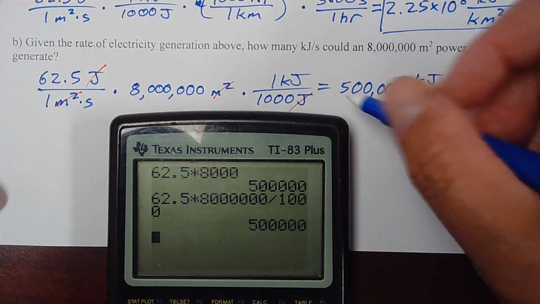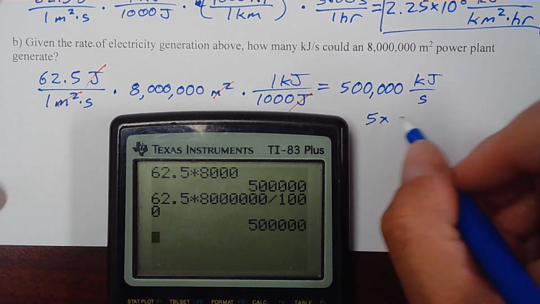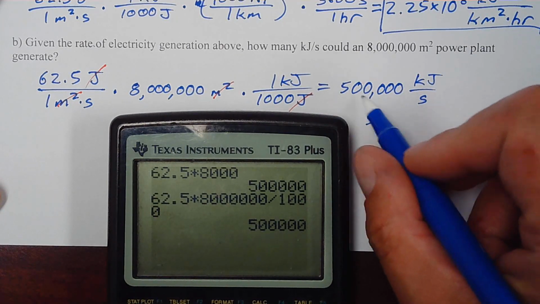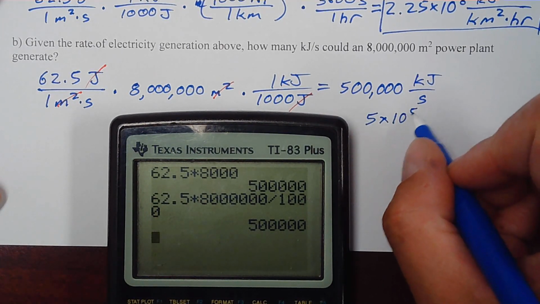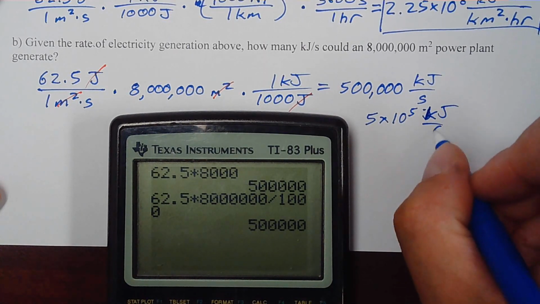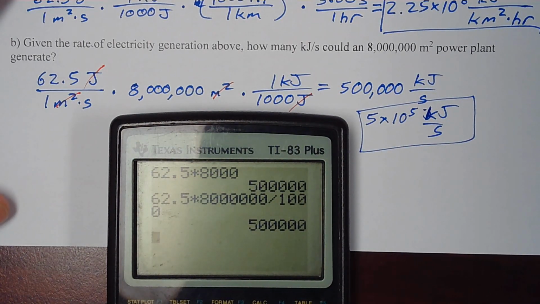So it's not entirely clear. You could round it off to as few as, if you want to be the most conservative, 5 times 10 to the 5th kilojoules per second.